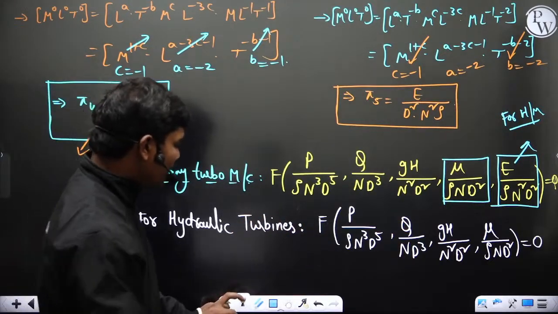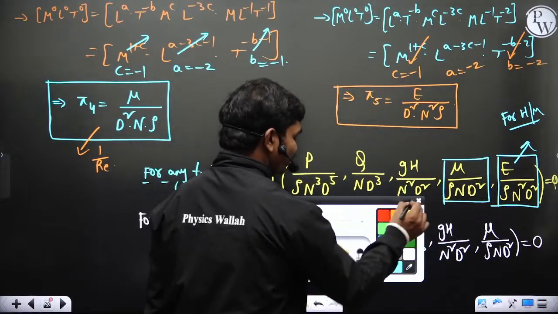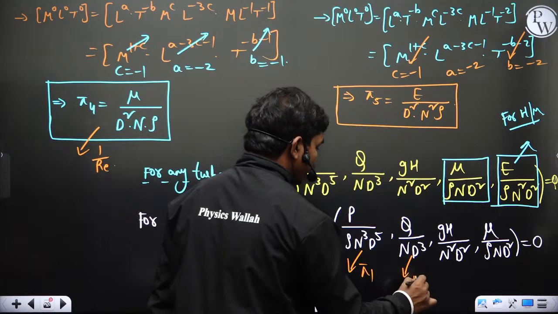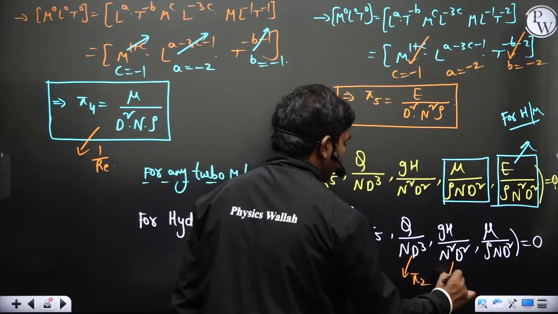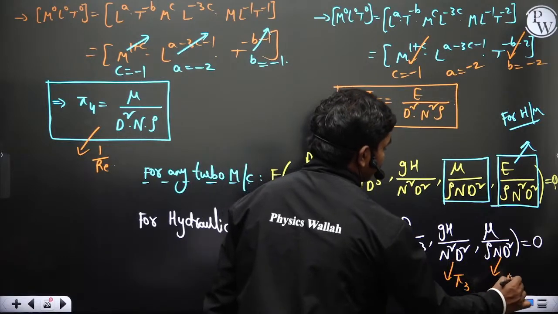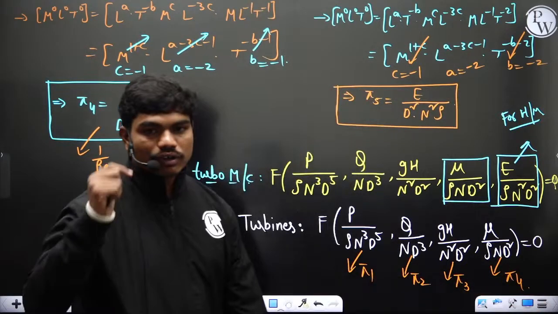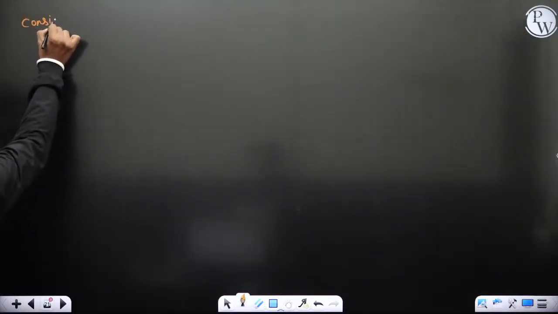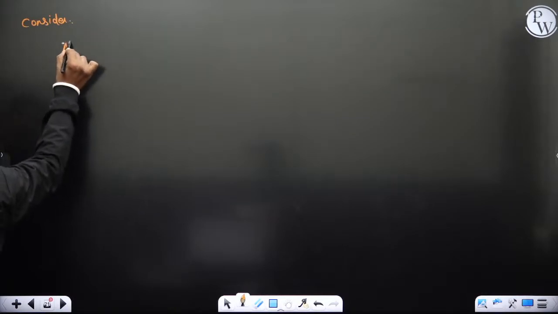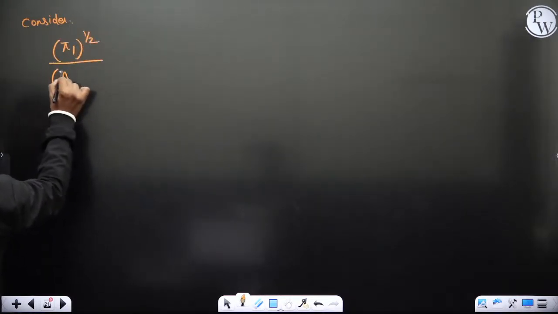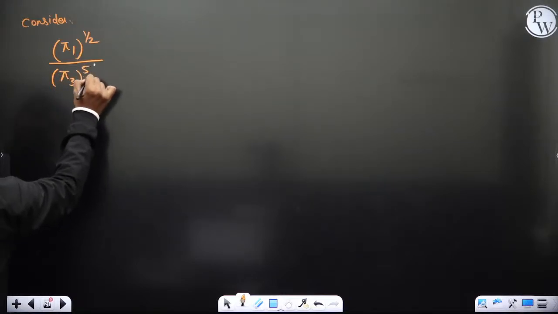If I want to show you one important thing here. Why I have done a lot of hectic job is, if this is pi 1, this is pi 2, this is pi 3, and this is pi 4 ultimately. I just want to show you one thing. Consider the ratio pi 1 power 1 by 2 by pi 3 power 5 by 4.